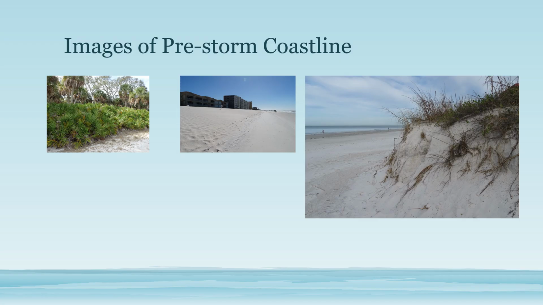And that's all well and good until you get hit with storm surge and you don't have those dunes to block storm surge. The image on the left, you see a lot of the saw palmettos. They grow back behind the dunes or toward the back end of the dunes, in that scrub area, and they also help reinforce the coastline.